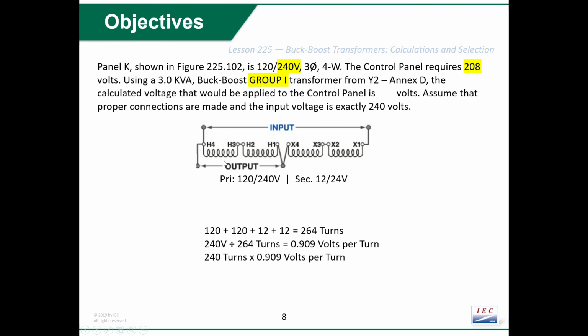So next thing we do is our output is only connected across this coil and that coil, 120 and 120 for a total of 240. So we take 240 turns times 0.909 volts that we calculated in the last step. We get 218.16 for our output.